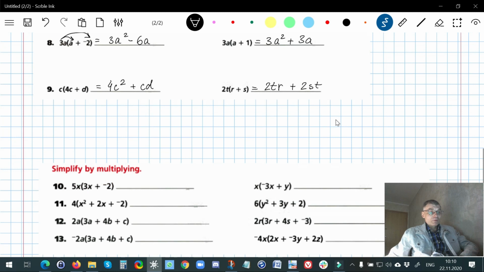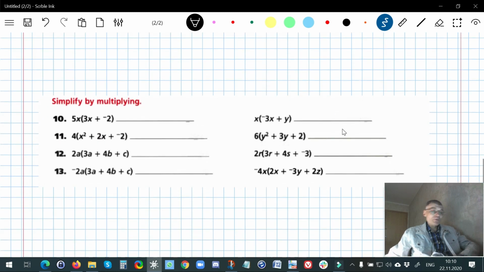So, let us look at more examples. Here, 5x is multiplied by 3x. Let's first multiply coefficients. We take 5 and 3, both positive, and multiplying them gives us 15. And then let's multiply the latter part. x multiplied by x gives us x squared.